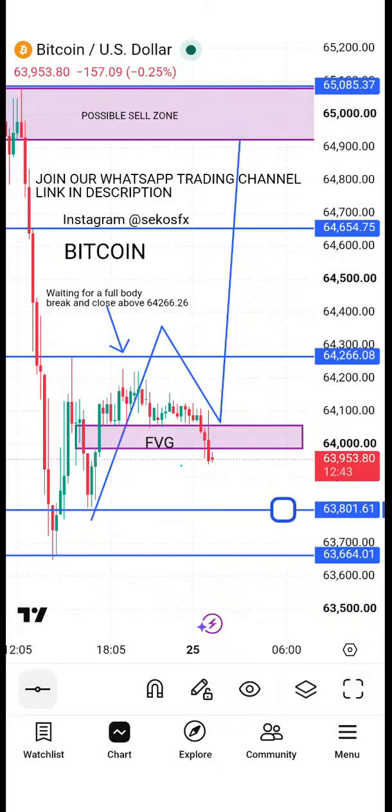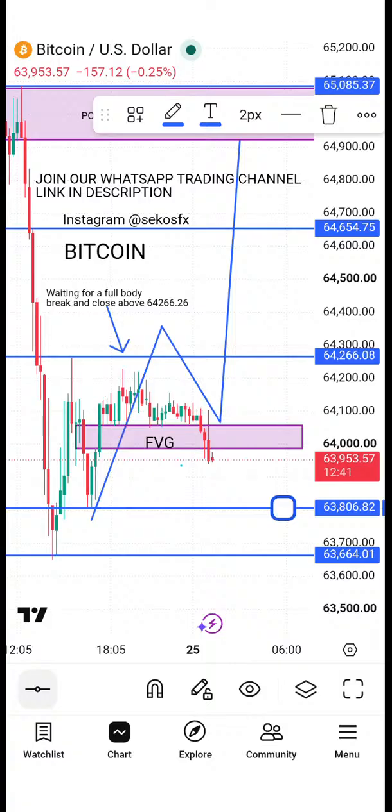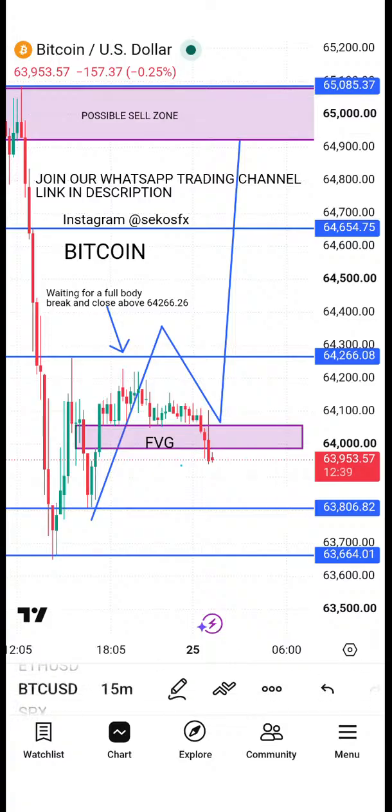These are areas that you can target if you are going to take a sell. But I wouldn't advise. I'm not a financial advisor.